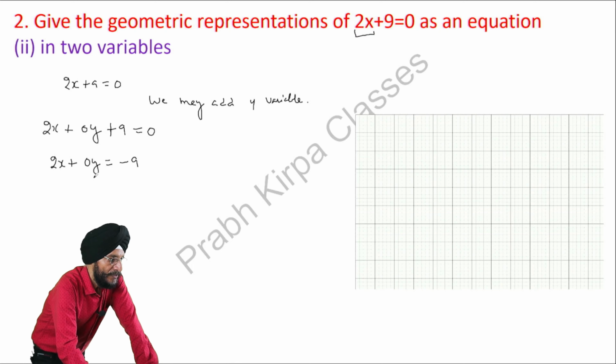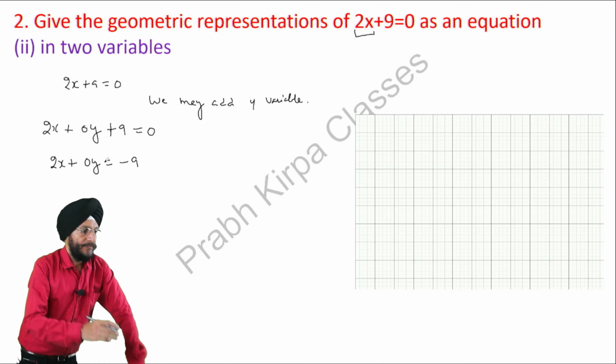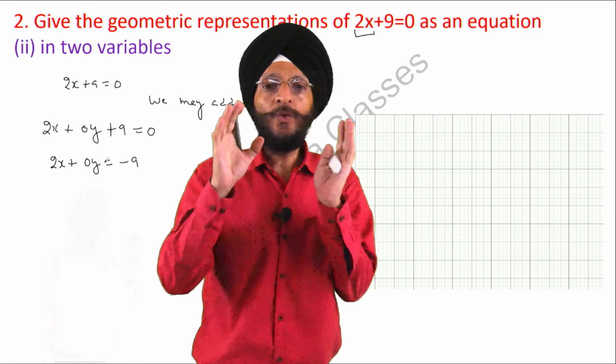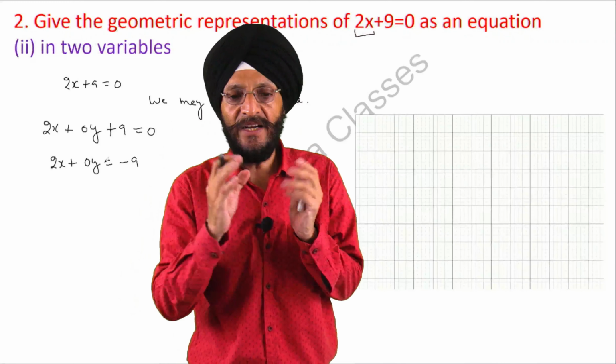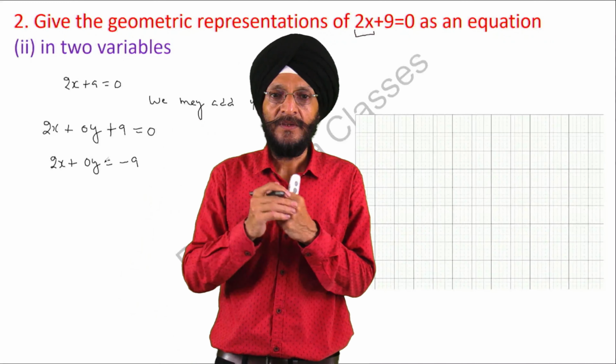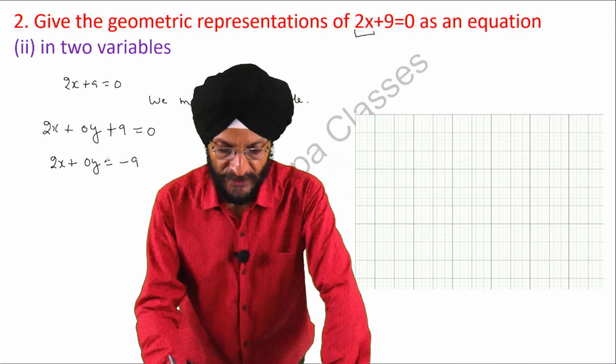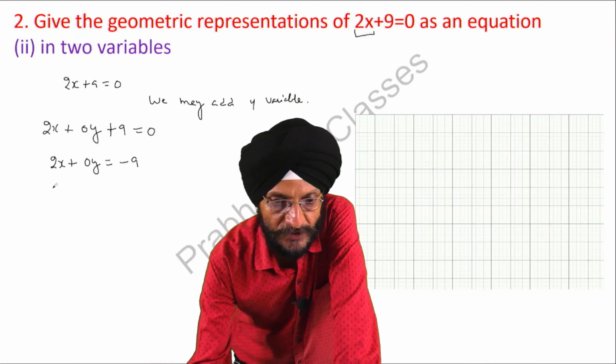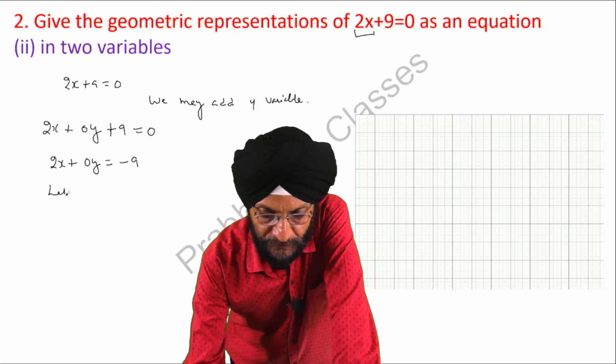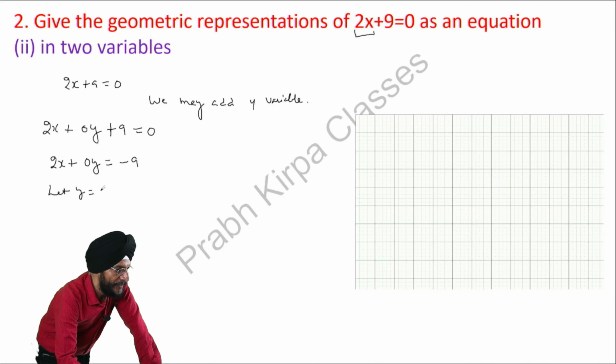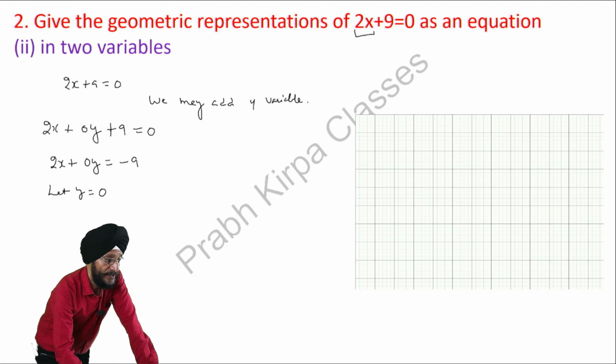So now we are to find out two solutions of x and y which fit into the equation. Suppose we let y is equal to 0, then what happens?